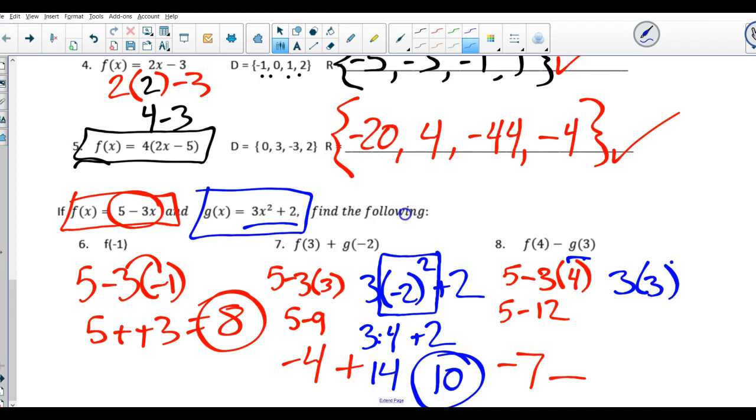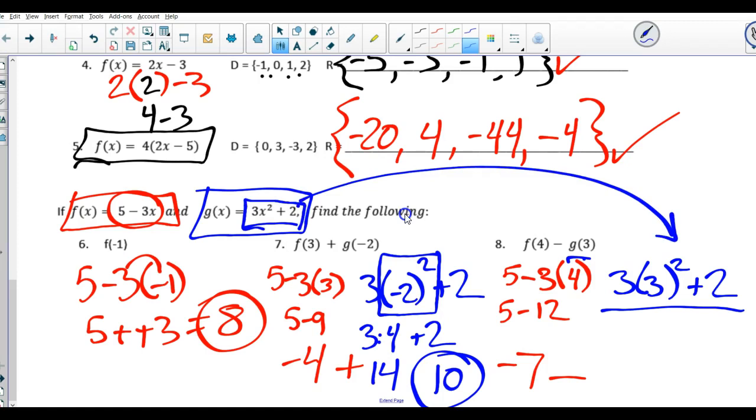My input is 3, so 3 squared plus 2. This right here just came from that formula right here. And I'm plugging in 3. 3 times 3 squared, well, 3 squared is 9.